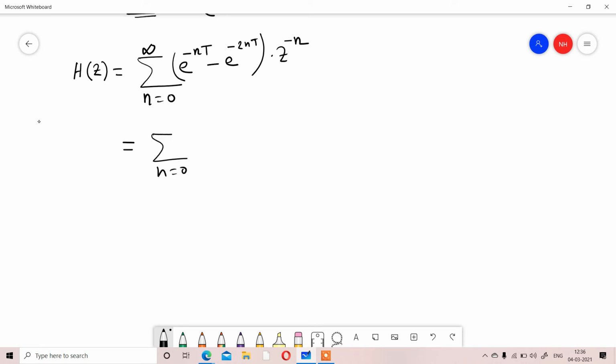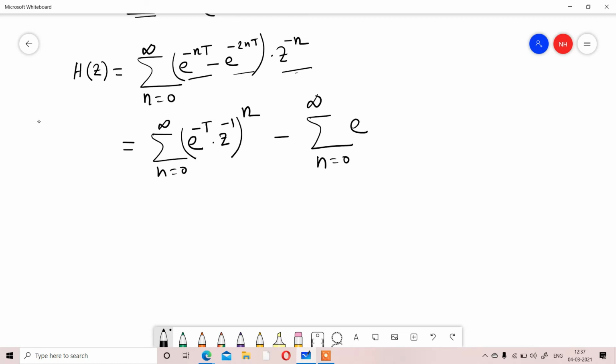Summation n equal to 0 to infinity, e to the power minus nT and z to the power minus n. If we make n common, it is e to the power minus T into z to the power minus 1, whole to the power n, that is one part, minus the summation of n equal to 0 to infinity for the second part. Again if you make n common, e to the power minus 2T into z to the power minus 1, whole to the power n.